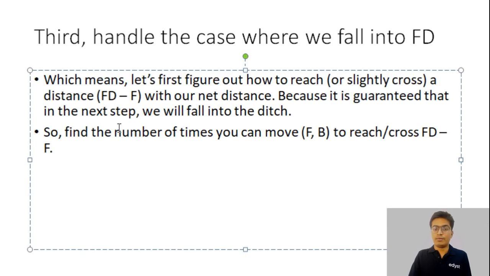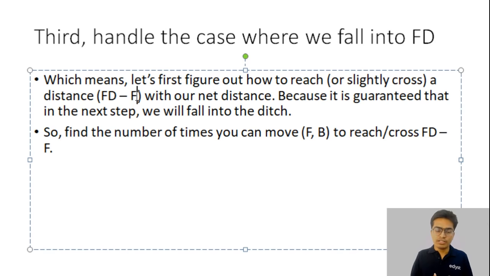This is what you would ideally want to do. Let's first figure out how to reach or slightly cross a distance fd minus f. Suppose your fd was 13 and your f is 9. You first want to understand how to get close to that number, which is 4 in our case, 13 minus 9.